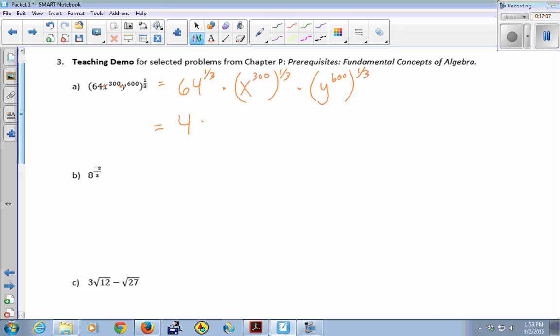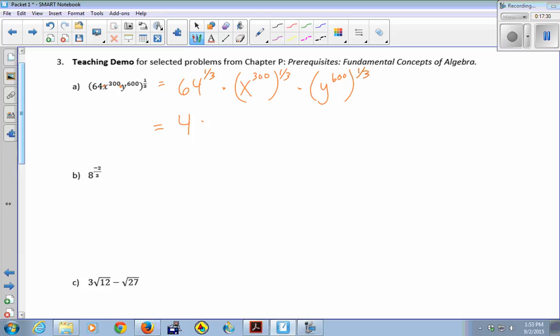And then when you raise a power to a power, right? When you're raising a power to a power, what do you do to those powers? What's the rule? You multiply them. Good. Yeah. So there's two different exponent rules. When you're multiplying like exponents, you add them.